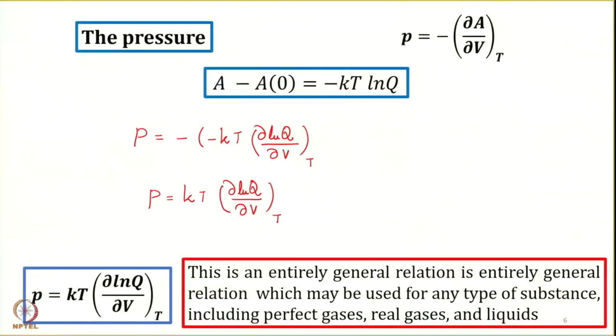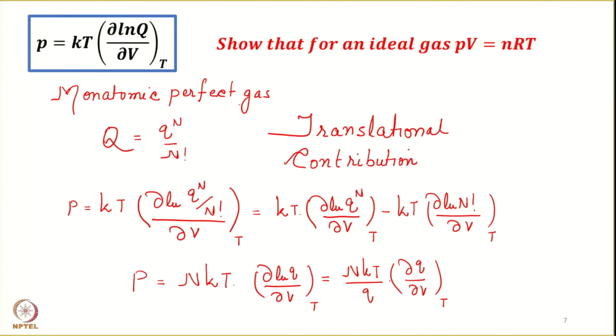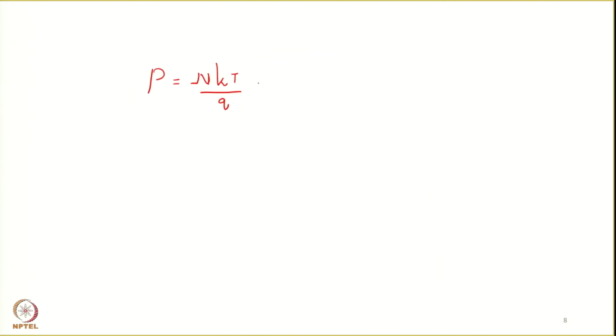What we have now is P is equal to nkT by Q, del Q by del V at constant T.